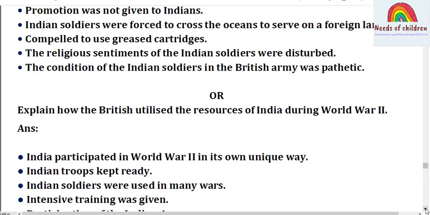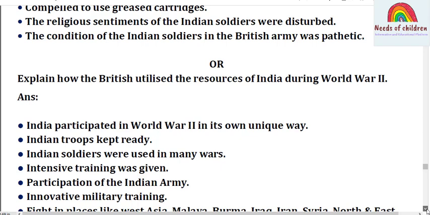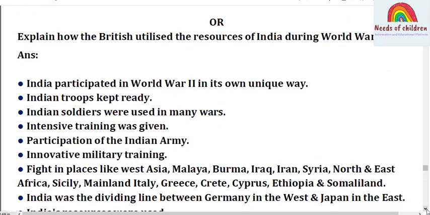Let's move on to the choice question. Here is the choice question: explain how the British utilized the resources of India during World War II. Answer. India participated in World War II in its own unique way. Indian troops were kept ready. Indian soldiers were used in many wars.